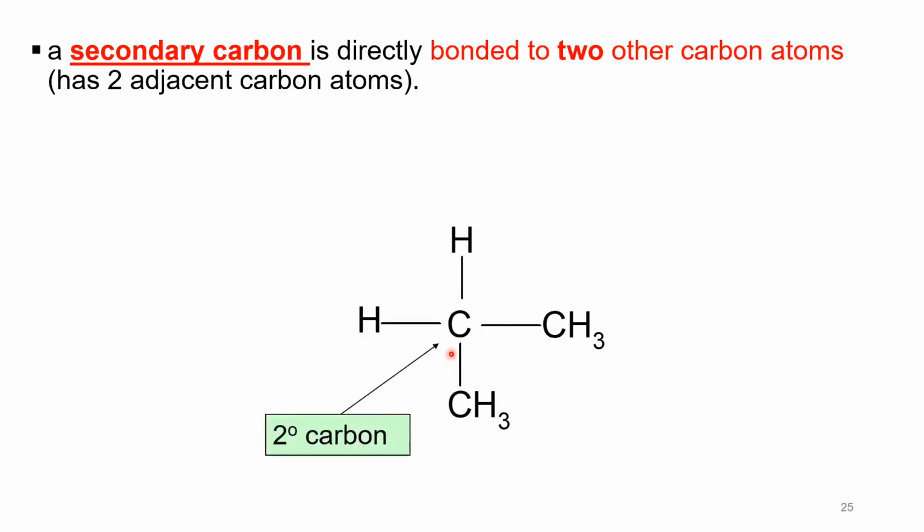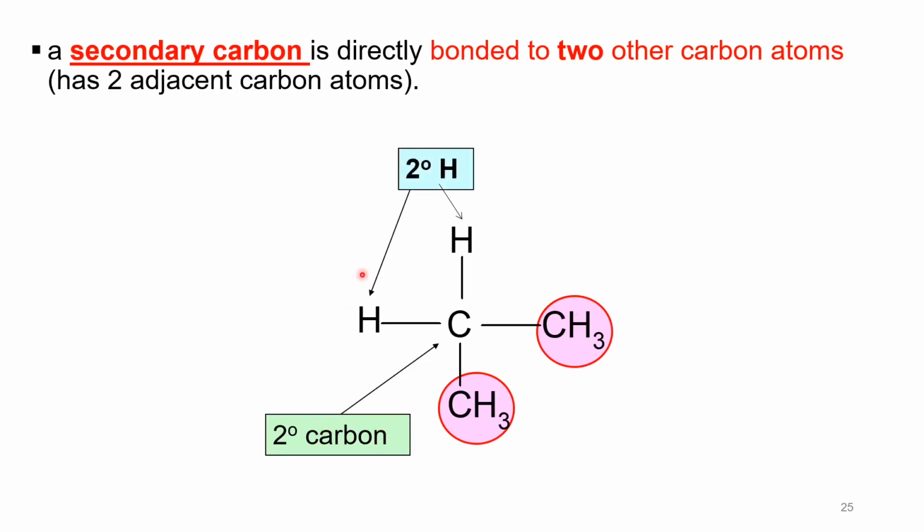This carbon is attached to another 1 carbon atom, and then this carbon atom is also attached to another 1 carbon atom. So there are 2 carbon atoms, so this carbon is a secondary carbon.